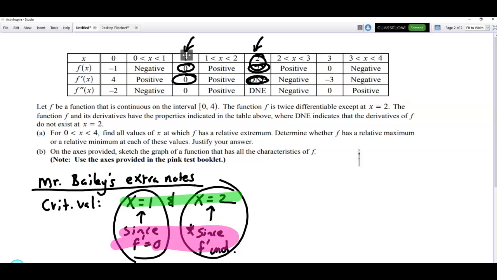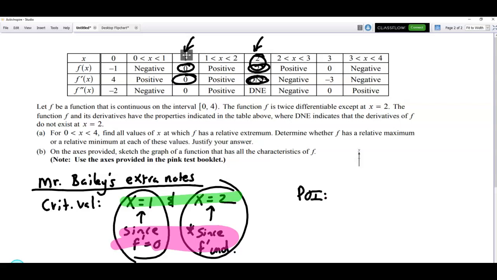All right, now another thing that you could be asked to find instead of critical values is points of inflection. A point of inflection is a place where your concavity changes from positive to negative or from negative to positive.